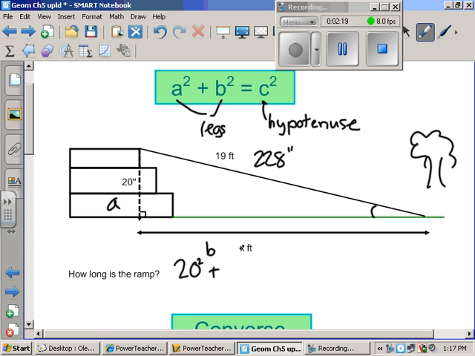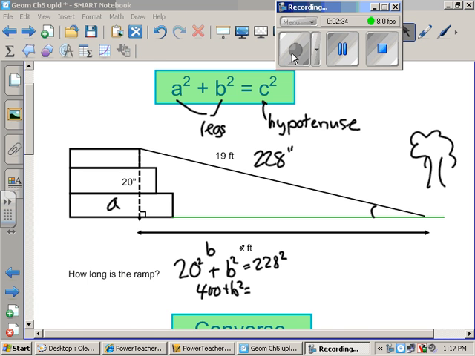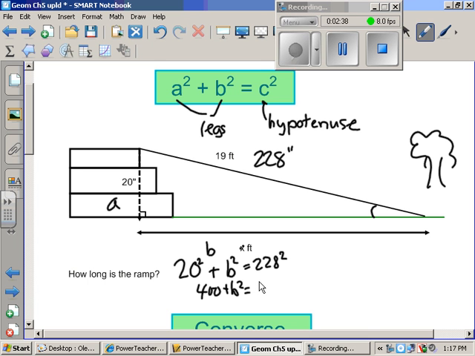So it's 20 squared plus b squared equals 228 squared. So that's 400 plus b squared equals 51,984.